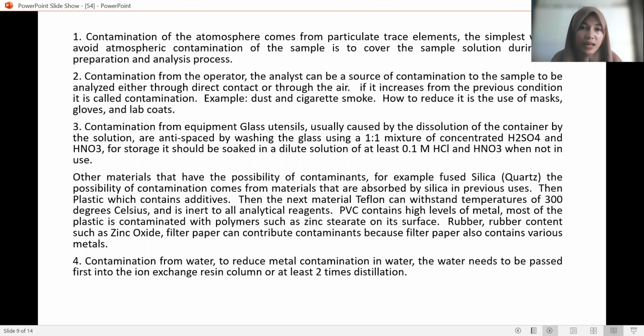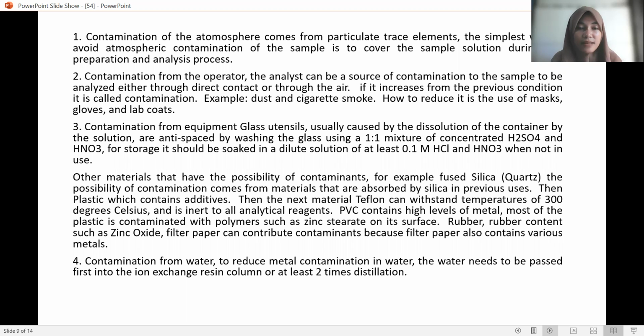For storage, it is soaked in a dilute solution of 0.1 molar hydrochloric acid and nitric acid when not in use.